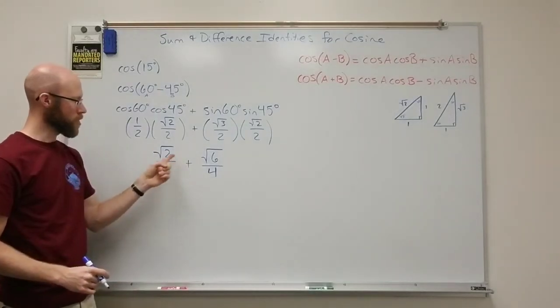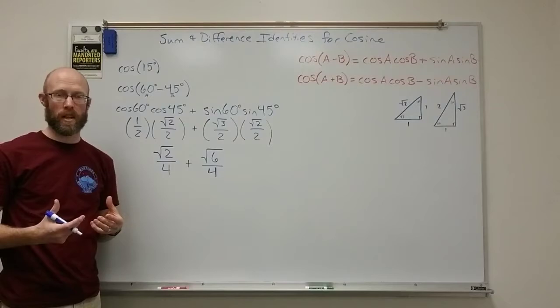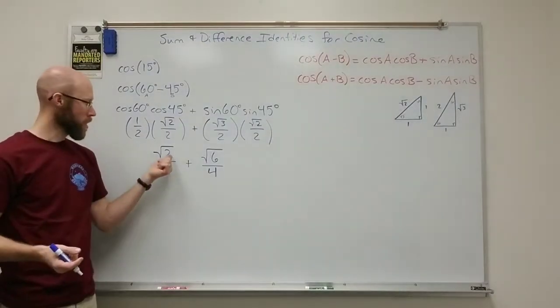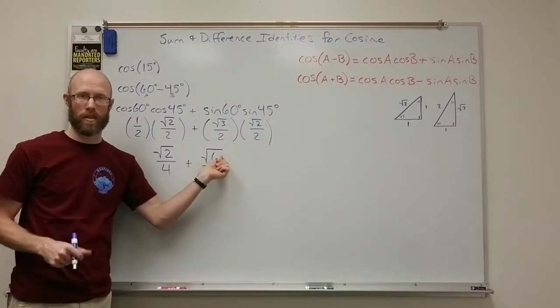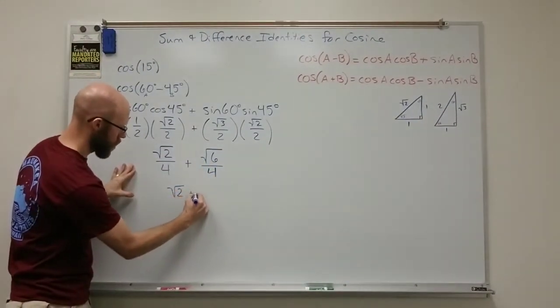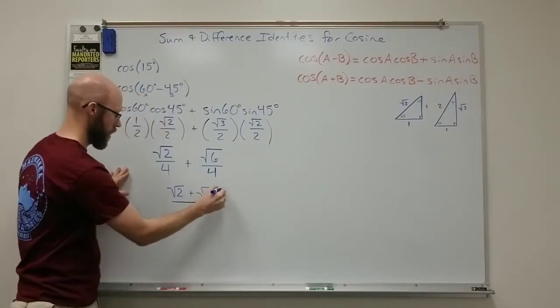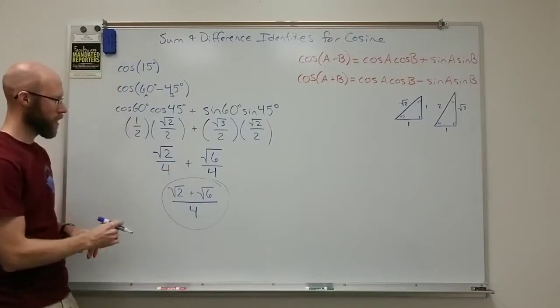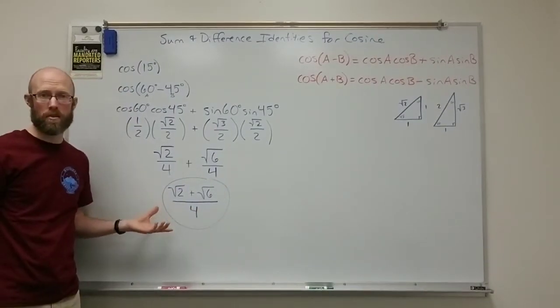However, with addition, you cannot combine the radicals, or you could think of them as unlike terms if their radicand, the stuff under the radical, is different. Okay? And so here I need to keep them separate. It's square root of 2 plus square root of 6 all over 4, as a single fraction. Now that doesn't look real nice, but it's not too bad.